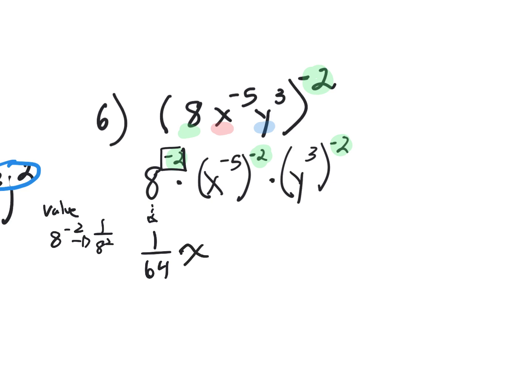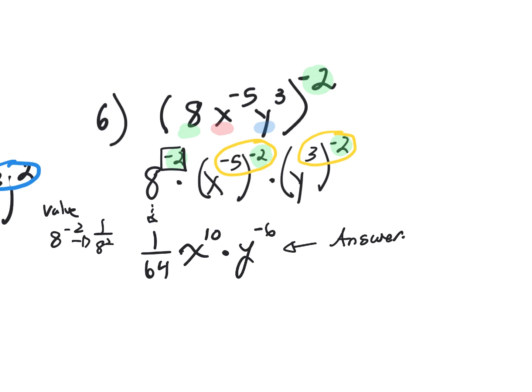And because we have a power to a power, we're going to multiply those. So negative 5 times a negative 2 is a positive 10, right? Negative times negative. And then y to the, here we have another power raised to a power. So the rule is to multiply your powers. So 3 times negative 2 is negative 6. And that is a good answer.